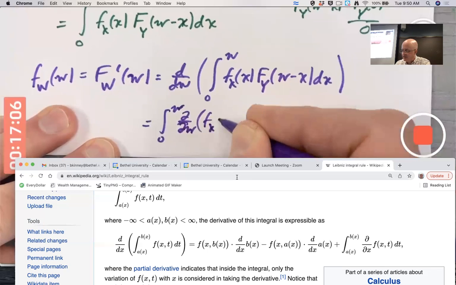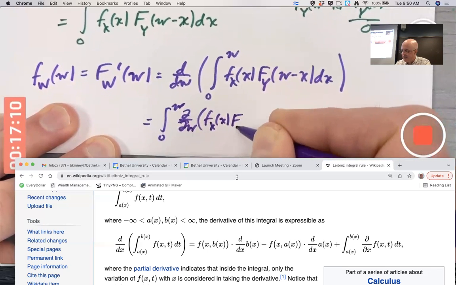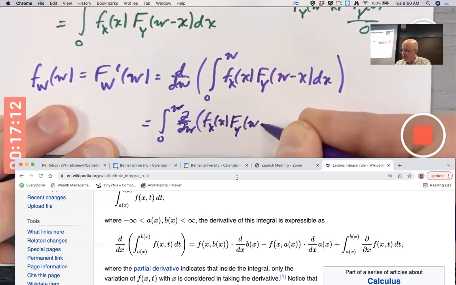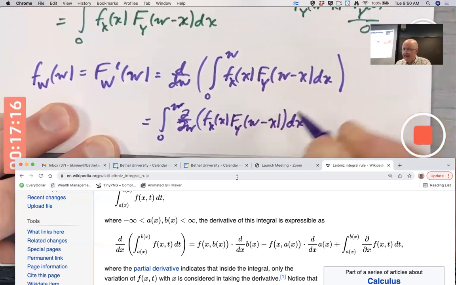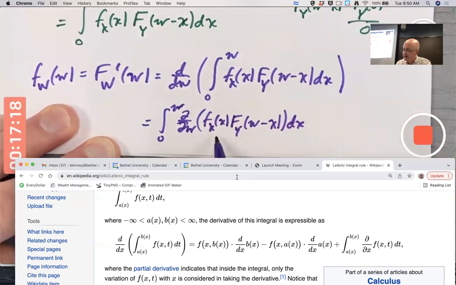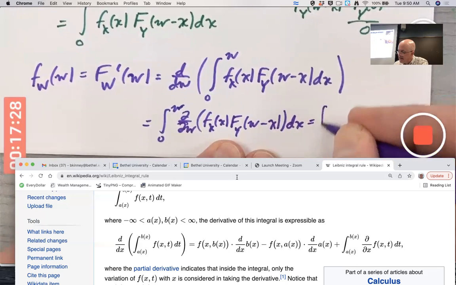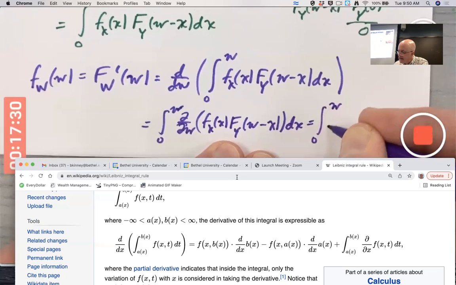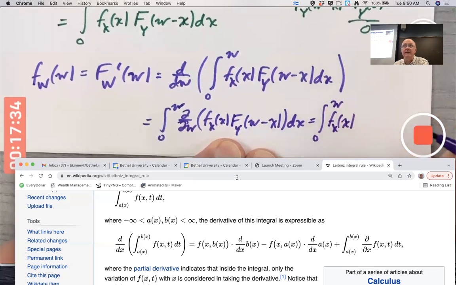It's a partial derivative symbol because there's two variables in here, an x and a w. However, the w only appears in the second factor there. This first factor is a constant with respect to w. Differentiated with respect to w, it stays as is. So we really just end up differentiating capital F. And that, of course, is little f.